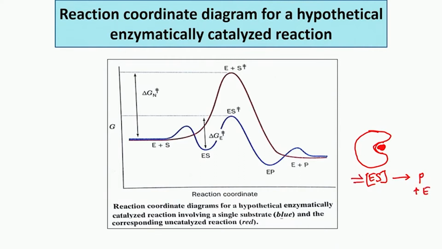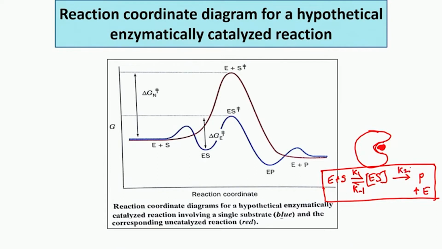To form the ES complex, you have E plus the substrate. So, the substrate goes and binds, forms the ES complex, and then the ES, for simplicity we are not considering the reversibility in this step, that could be also reversible, but the initial analysis of enzyme catalyzed reaction was done by Michaelis and Menten, and for simplicity, what they did is, okay, first the enzyme plus substrate forms the enzyme substrate complex, that is a reversible reaction, K1, and it could be K minus 1, that is the reversal of this, and suppose this is your K2.